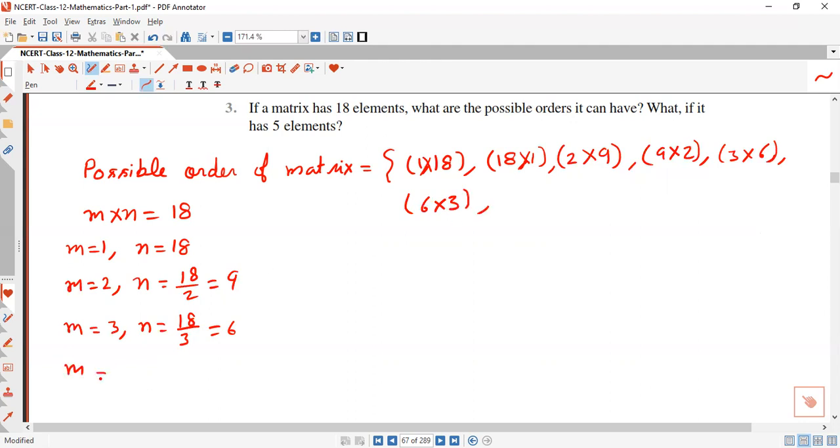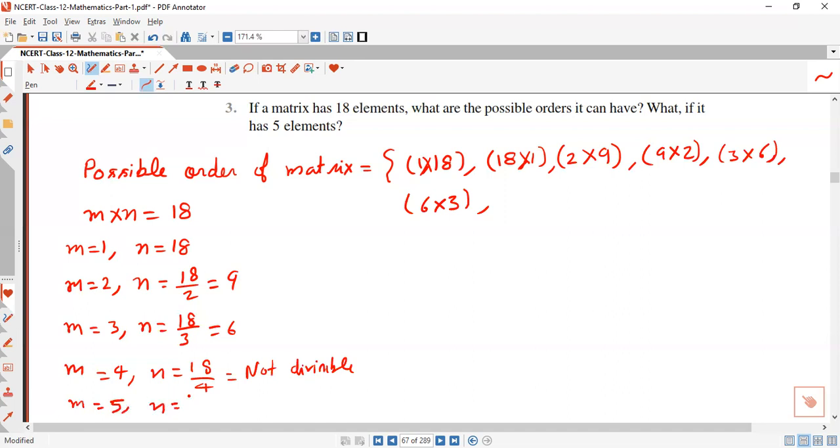m equal to 4: 18 by 4 is not giving an integer, not divisible. So m cannot be 4, because there is no integer that makes the product 18.